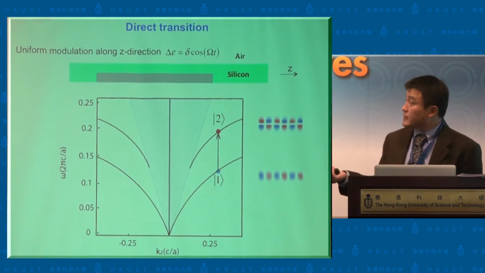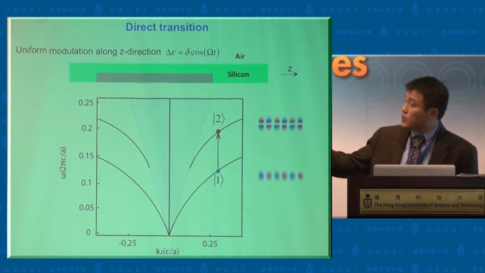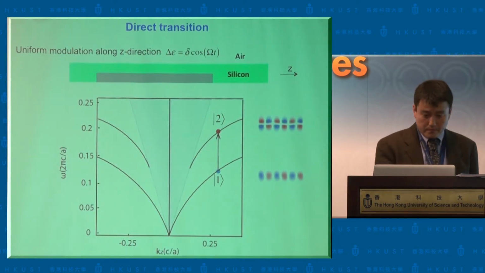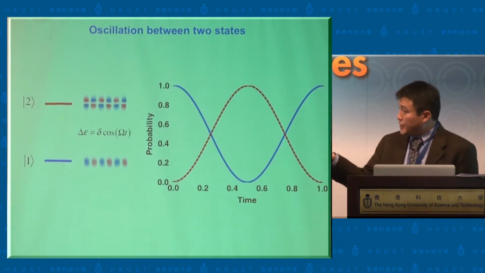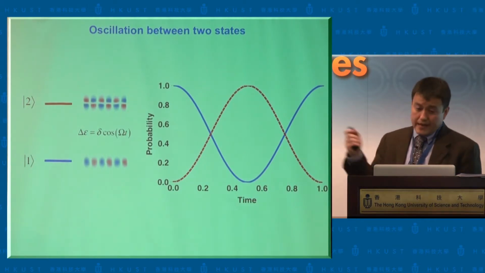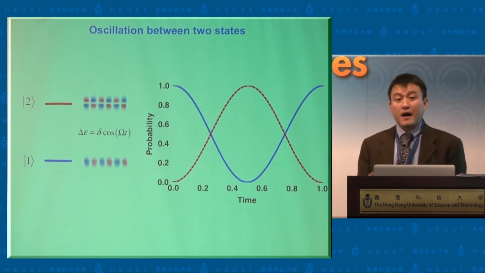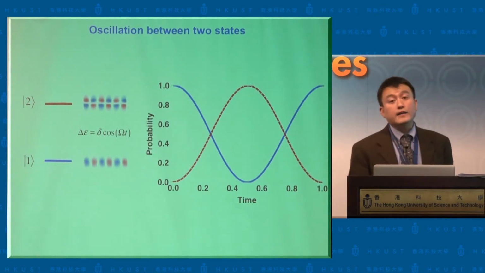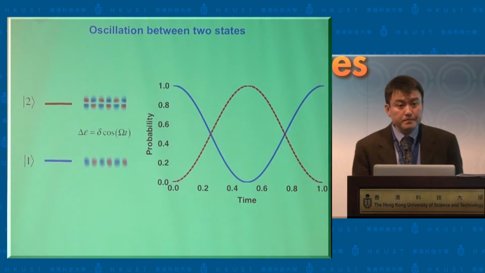So in doing so, obviously, you will induce transition between two states that have the same wave vector. And so if you start with one of the states, and then you turn on the modulation, you are going to see oscillation between these two states, as we have already talked about.